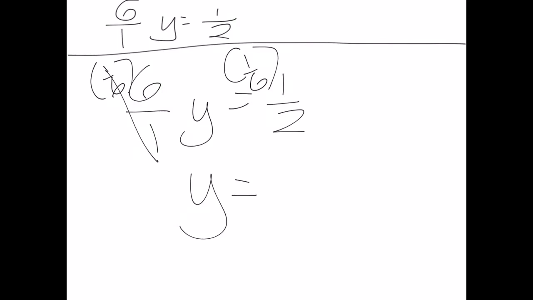So 2 times 6 is 12. We're multiplying, so we don't have to find the reciprocal, and this will be 6 over 12. And this is multiplying, so it will be 12 over 12, which will go to 1.